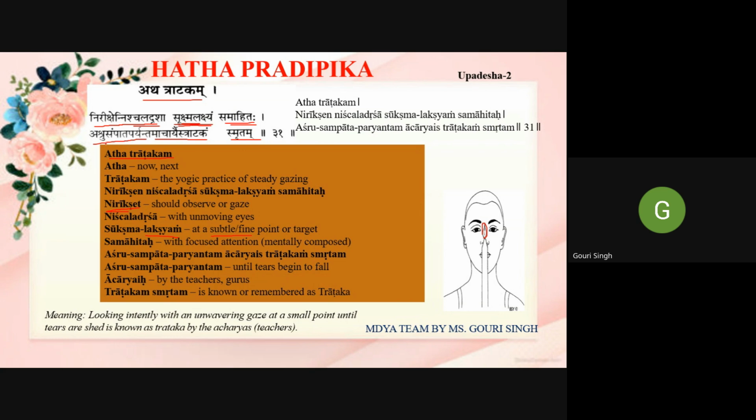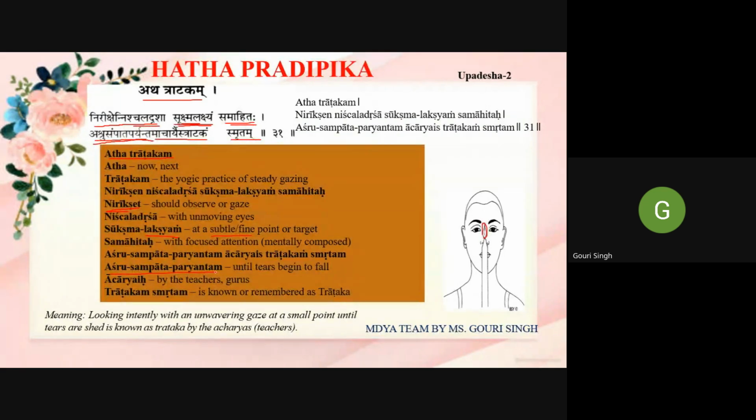Okay, then until when do you need to gaze on that point? Here it is said Asru Sampata Paryantam, which means until tears come from your eyes. Till that state, you have to gaze on that subtle object.